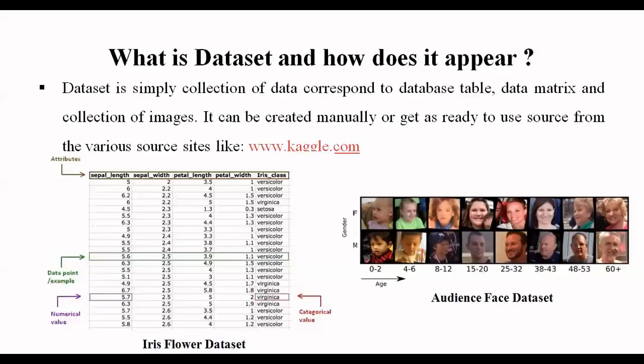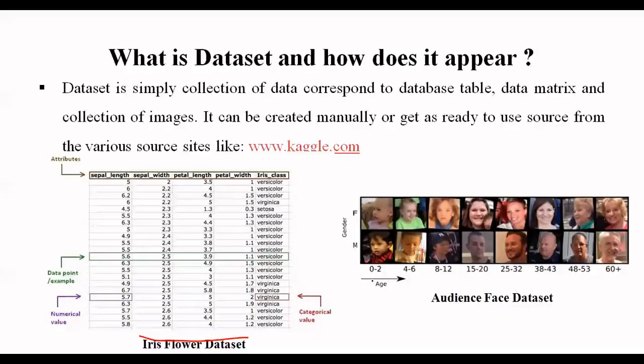So I take an example of two data sets. There is the iris flower, which has three different categories based on the sepal length, sepal width, and petal width. So it has three different species: Versicolor, Setosa, and Virginica. Similarly, there is one more data set I have taken as an example, an audience-based data set, which is quite useful for detecting the age of a person.